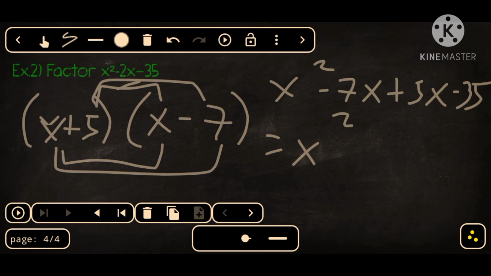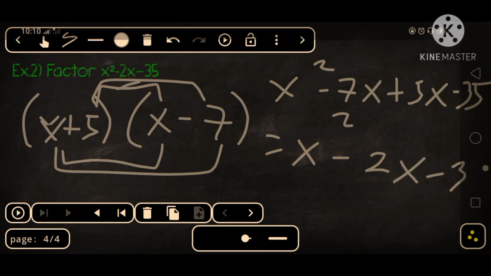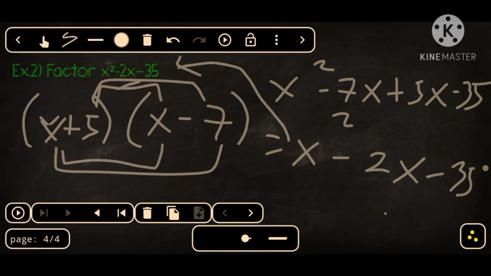Again, unlike signs, subtract, so 7 minus 5, that is 2. Then copy the sign of the bigger number. The bigger number is 7, the sign is negative, so we have negative 2x, then copy negative 35. Okay, so we now have the given x squared minus 2x minus 35.